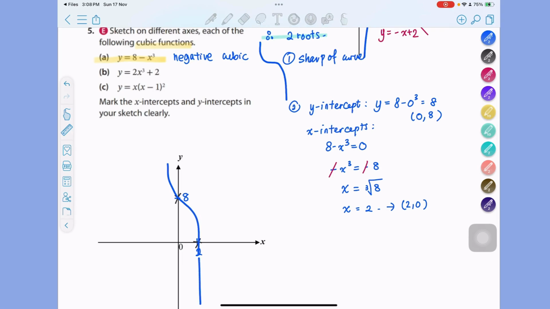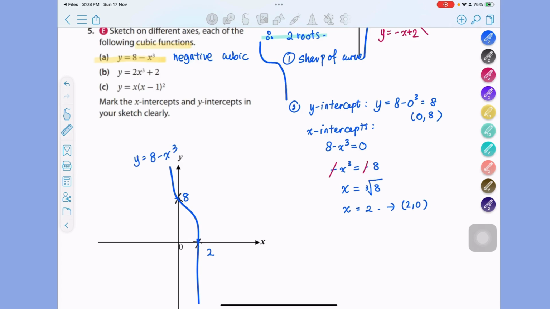If you touch your label, you can erase it and rewrite the label a little bit outside. Then we draw the curve. After that, please label your curve y equals 8 minus x cubed.